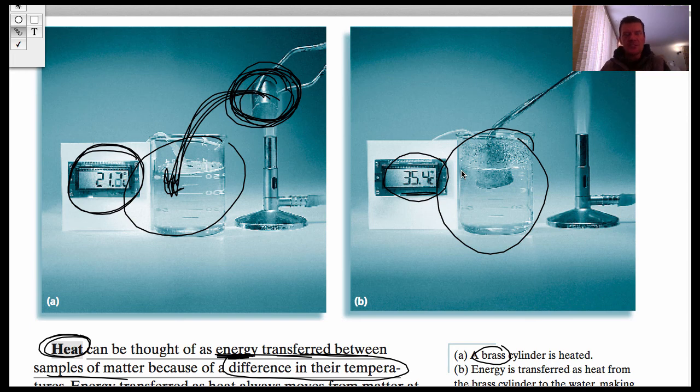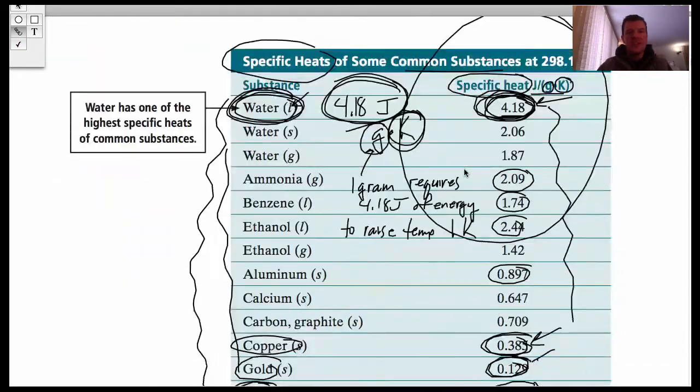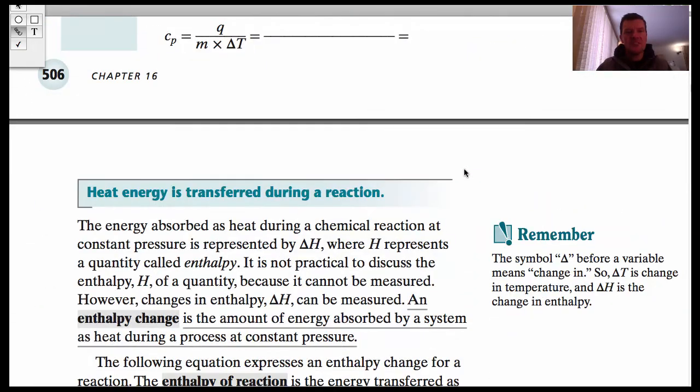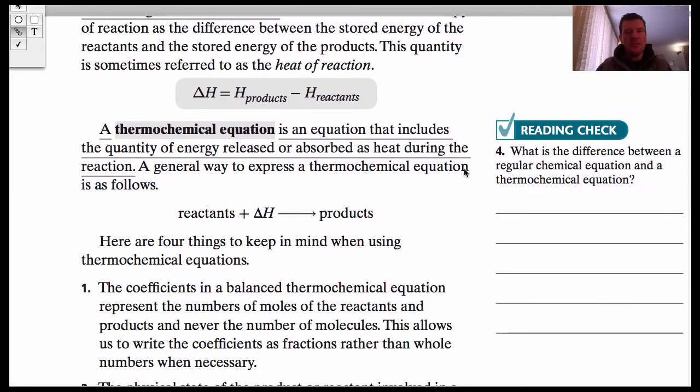The brass loses that amount of heat, the water gains that amount of heat. Okay, assuming it's not lost to the surrounding area. Okay? All right. That is really just what I want you to know from this section right now, and we'll pick up more in the next video.